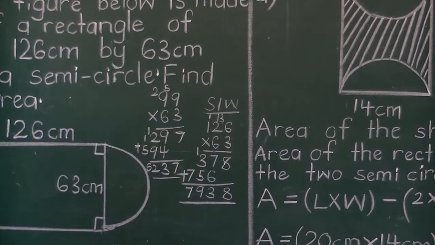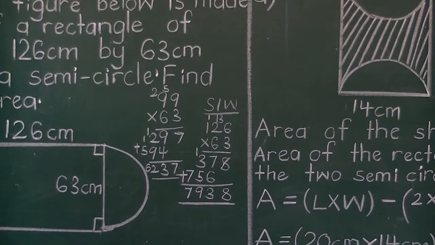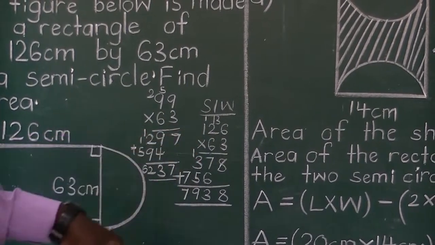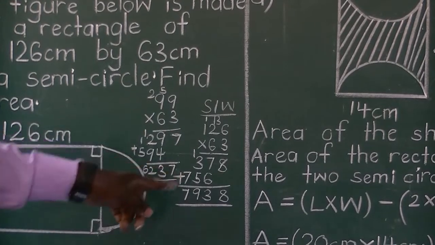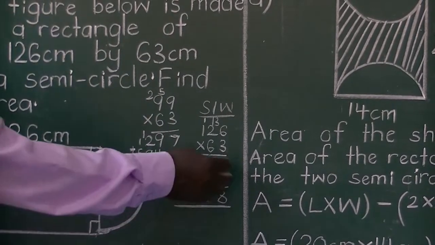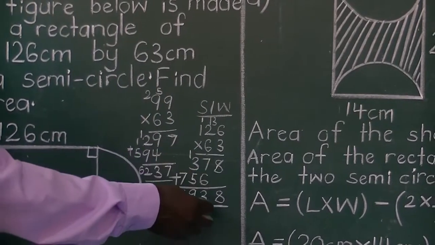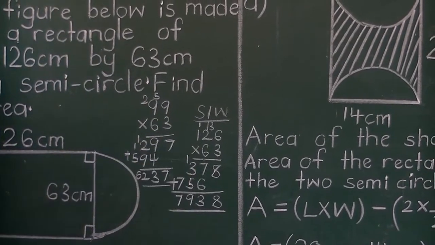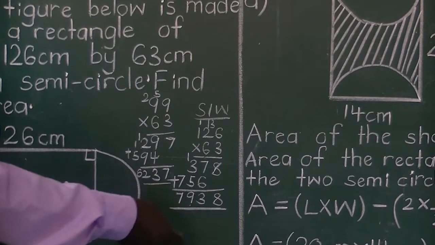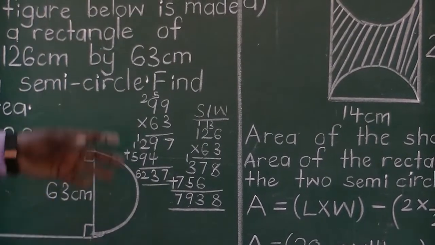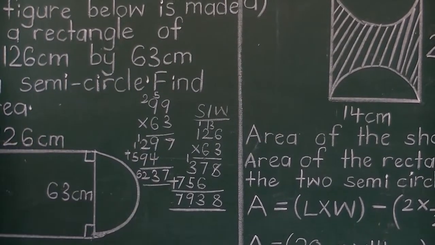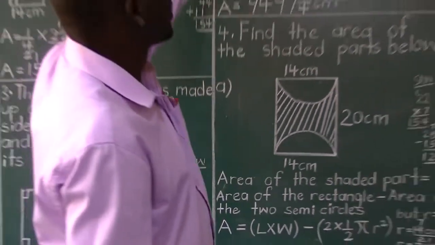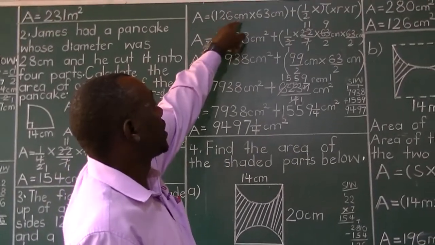Then 6 times 2 is 12. 12 plus 3 gets 15, write a 5, regroup 1. 6 times 1 is 6 plus 1, get a 7. Then add here, write 8, 7 plus 6 gets 13, write 3, regroup 1. Then 1 plus 3 gets 4 plus 5 gets 9, then 7 down. So 126 times 63, you get 7,938. That's what is here, 7,938 centimeters squared.